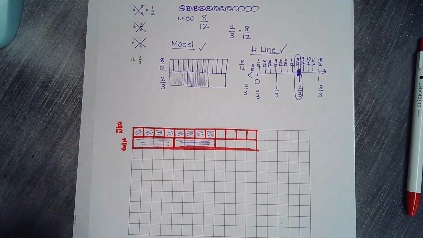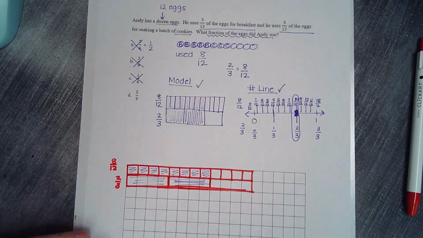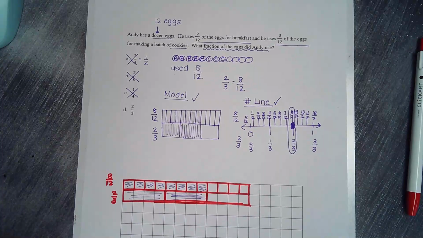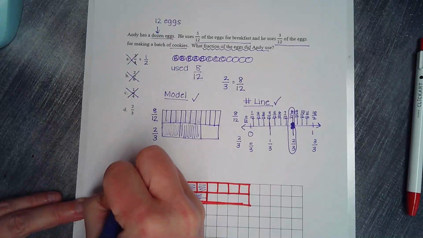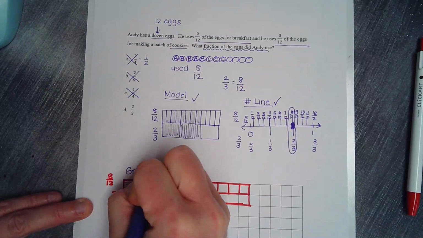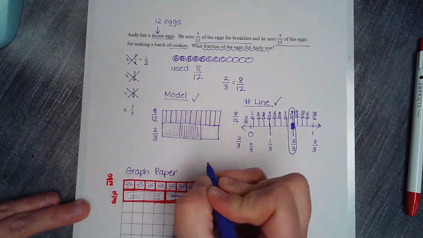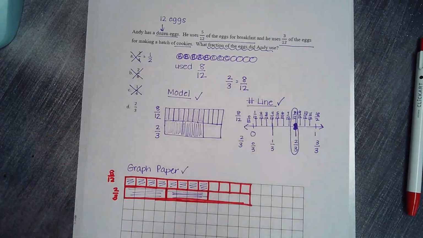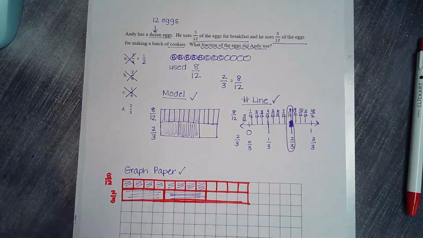What do you notice? So I proved using 3 different ways that 8/12 and 2/3 are equivalent. When we go to do these, you have to show and prove these one way or the other. Do you understand?